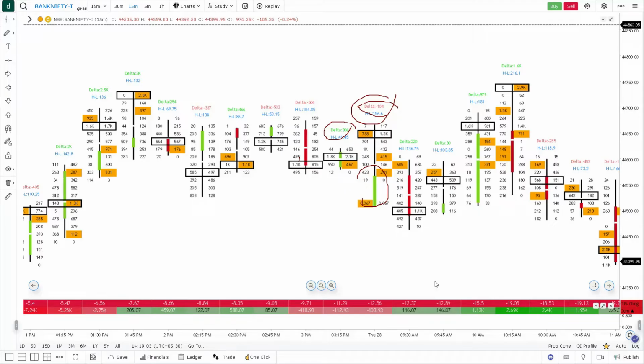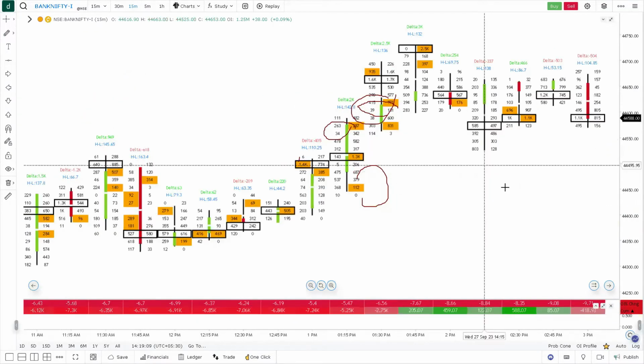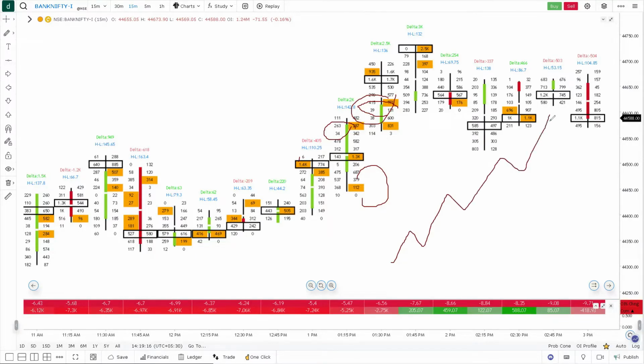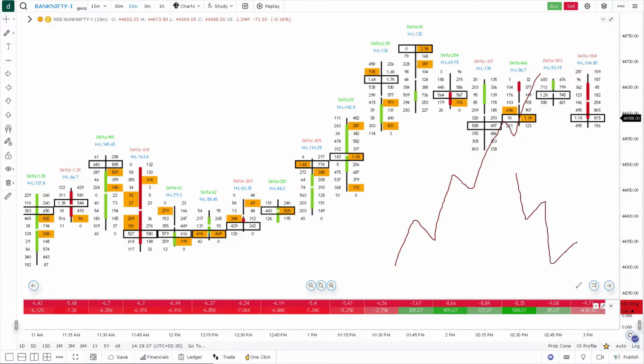So here, let's see. In an uptrend, what should happen generally? This is a basic idea; it doesn't necessarily have to be true. In an uptrend, volumes have to increase. That is how a healthy uptrend has to be. In a downtrend, there should be a continuously increasing negative delta. So what happened? Look at this.